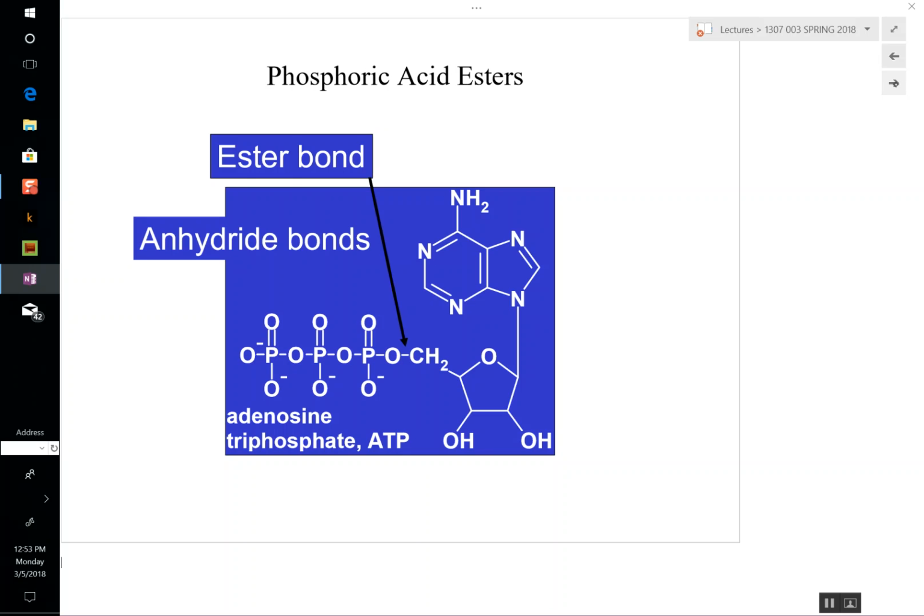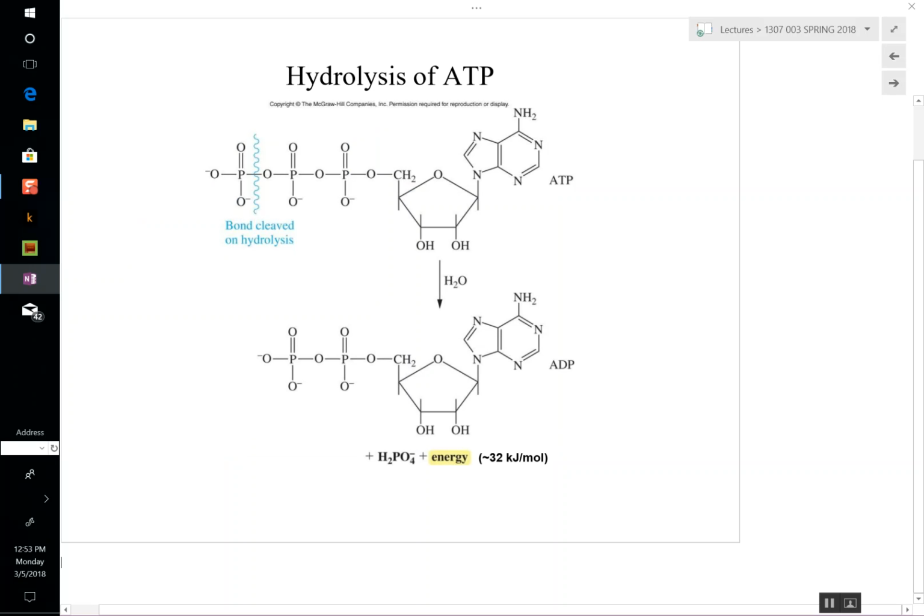And there's your ATP again: adenosine, the ribose, the triphosphate. You break that bond right there, and ATP becomes ADP. It's cleaving off a phosphate. Here's your phosphate coming off, plus a lot of energy, 32 kilojoules per mole of ATP.